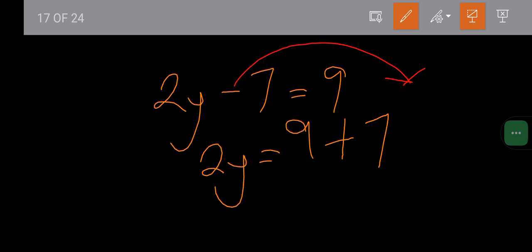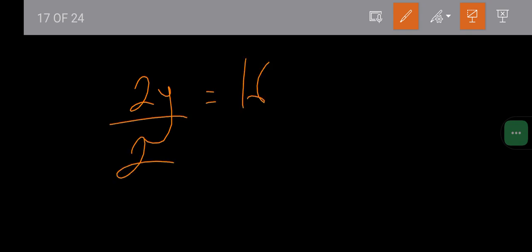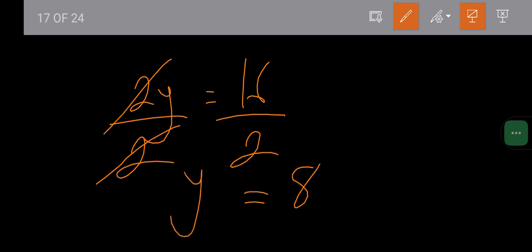And this is 2y equals 16. And how do we make y subject of the formula? By dividing both sides by 2. Our y is equal to 8. If you got that, well done.